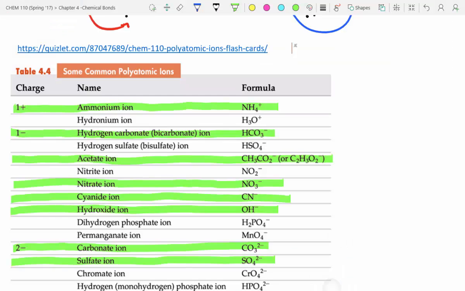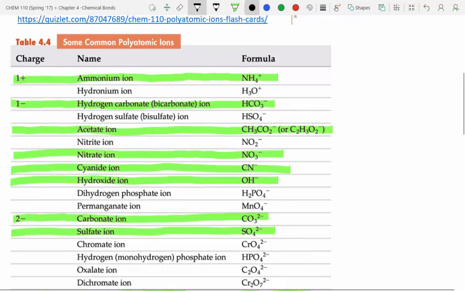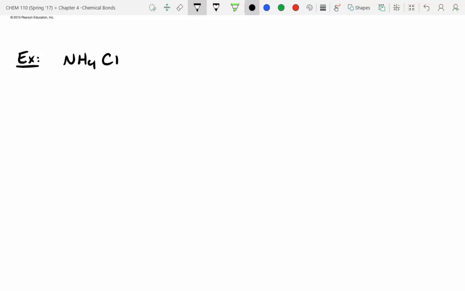All right, so let's go back. And let's do a few examples here. And I'll try to make it pretty straightforward for these. So let's do NH4Cl. So NH4Cl, students are oftentimes tempted to look at this and they'll say, there's not a metal in there.